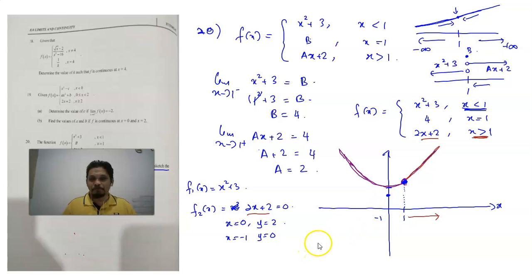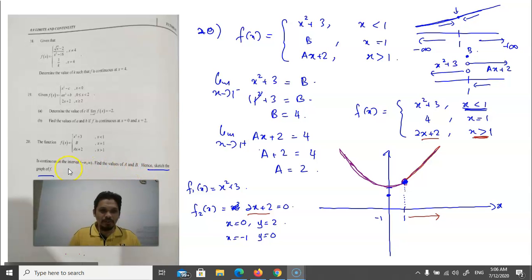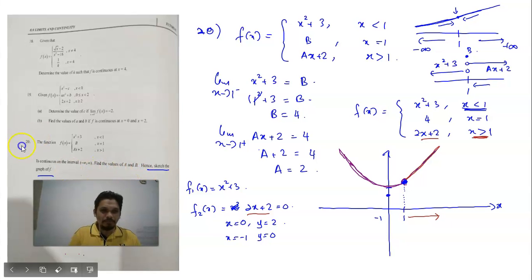There you go. The curve of x squared plus 3, the coordinate (1, 4), and then the linear 2x plus 2 on the other side. So this is the graph for question 20.